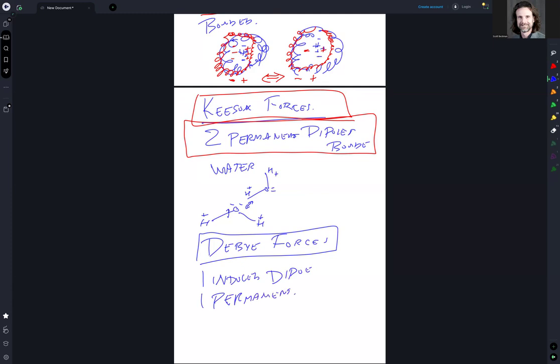A good example of this would be, for example, a polar molecule that comes and touches the surface of a metal, right, where the molecule with a permanent dipole induces charge transfer on the surface, resulting in a bond.